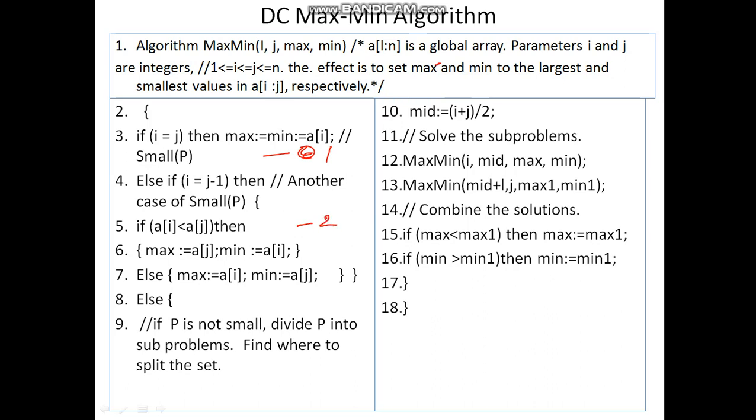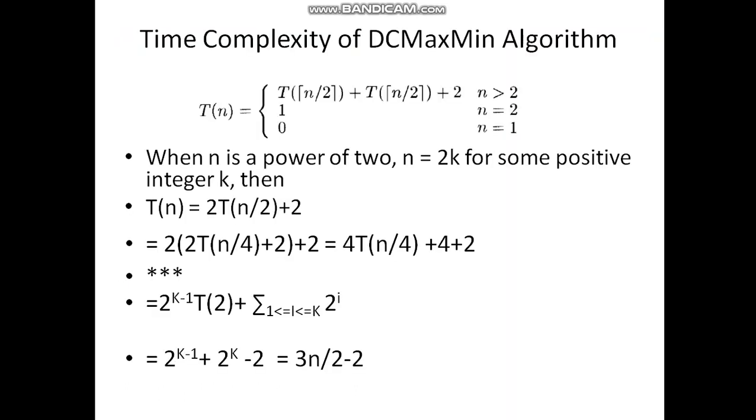We are dividing the problem into two halves, equal parts. A problem of size n is divided into two halves, and two comparisons are done here again. These two comparisons.